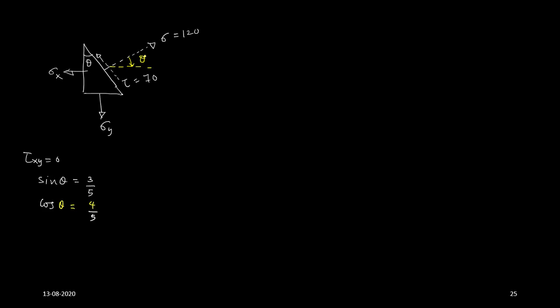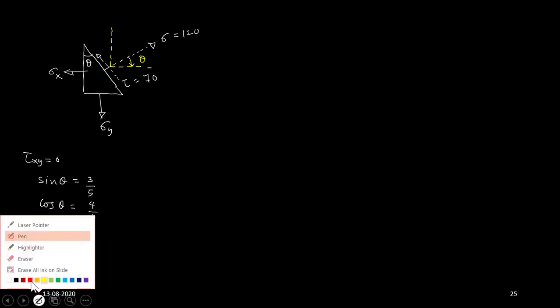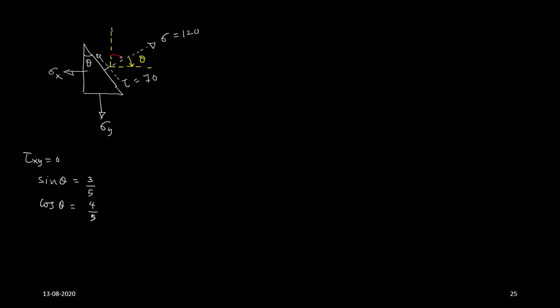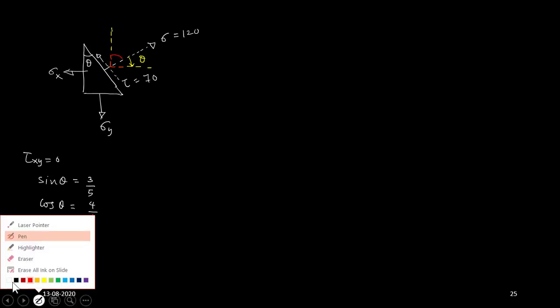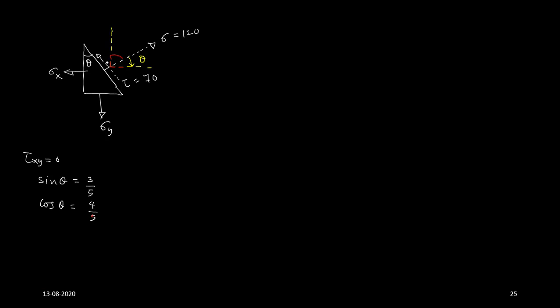This will be theta. And if I draw a vertical line, this angle will be 90 minus theta. And if this angle is 90 minus theta, then this angle also is going to be theta.